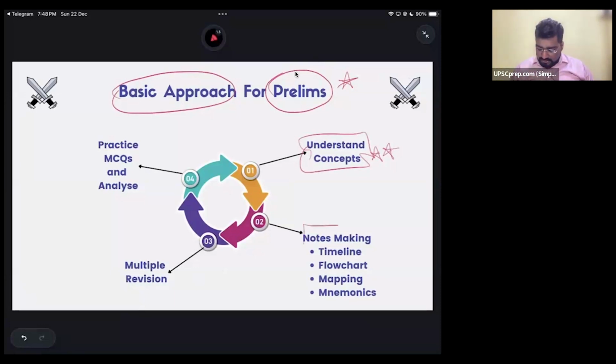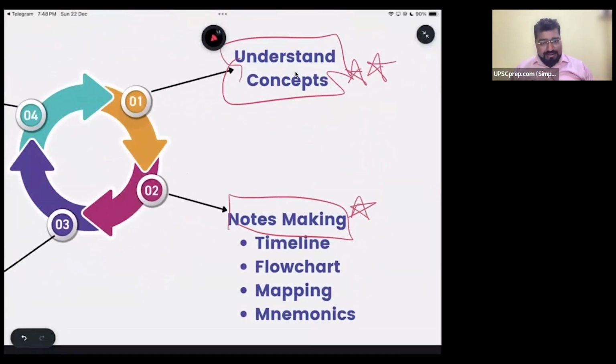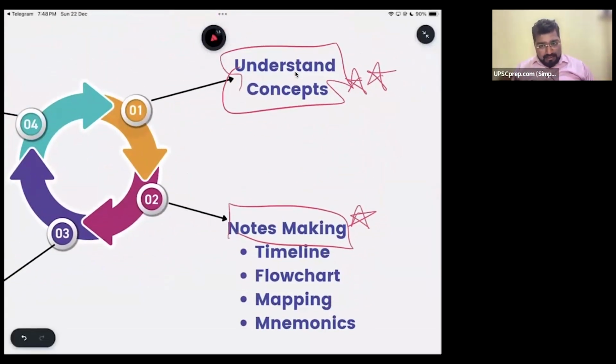Second thing is notes making. See, guys, what comprises notes making in ancient, medieval, and art and culture? Timeline. Timeline and flowchart are more or less similar. Mapping, that is, you need to locate the important sites on India's political map. And another important thing is mnemonics.